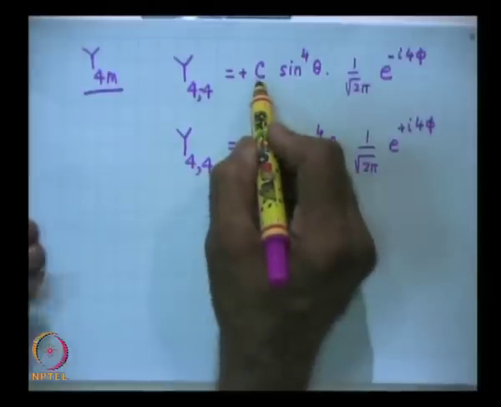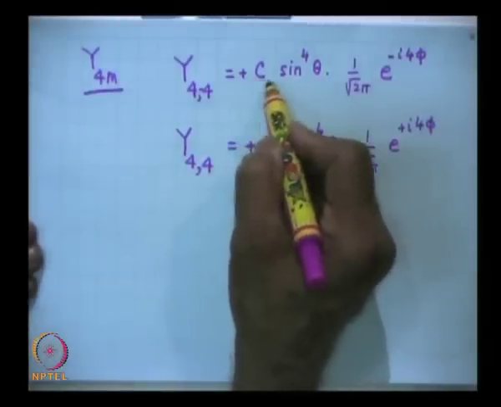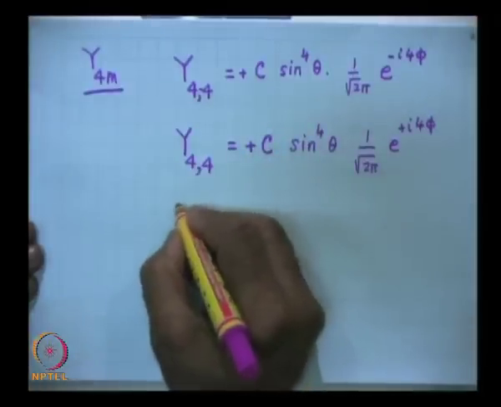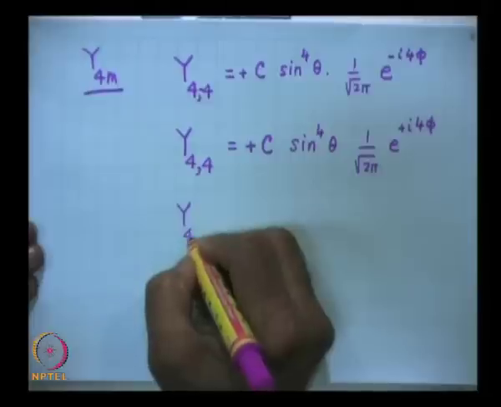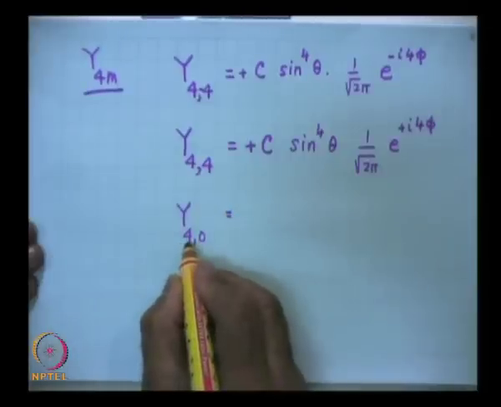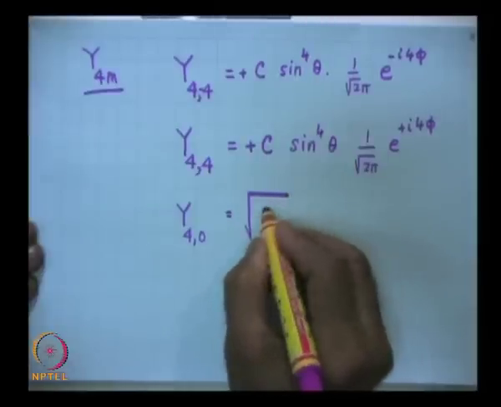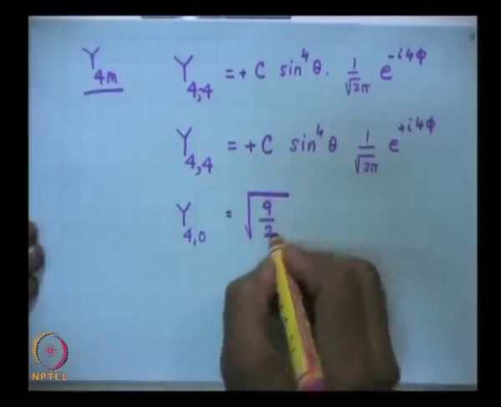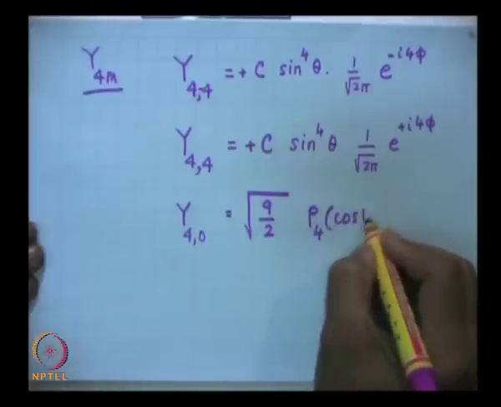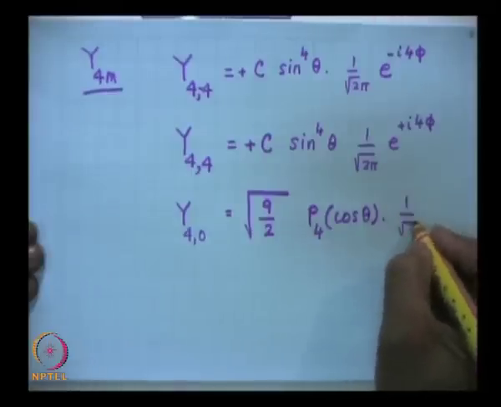And I can find out c either by using the expression or by brute force carrying out the integration, or I can start with this Y 4 comma 0. So, this is L is 4. So, 2 into 4 plus 1 is 9 by 2, P 4 of cos theta multiplied by 1 over root 2 pi.